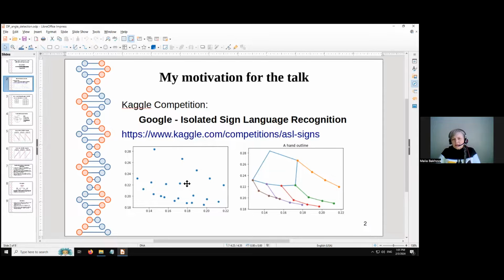They said that they already tried a convolutional neural network on images and it wasn't working well enough for them. So they derived all significant points. For example, this set of points meant a hand outline. We were given X, Y, and actually Z coordinates too, but the coordinates weren't very reliable.